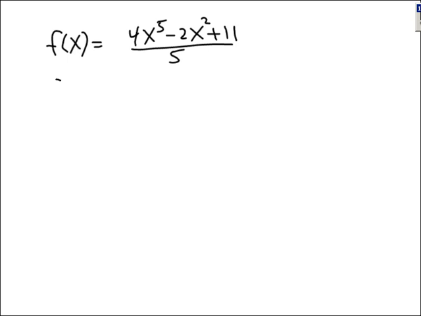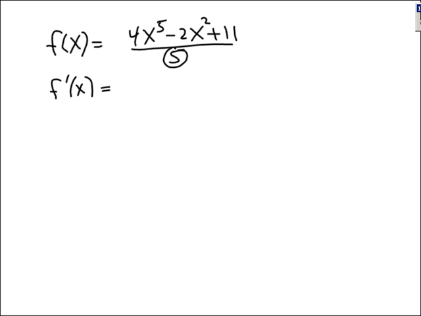Now, like I mentioned before, if the denominator is a constant, you can use the constant rule. If I told you that f of x is equal to 4x to the 5th minus 2x squared plus 11 over 5, well, the derivative is that constant.